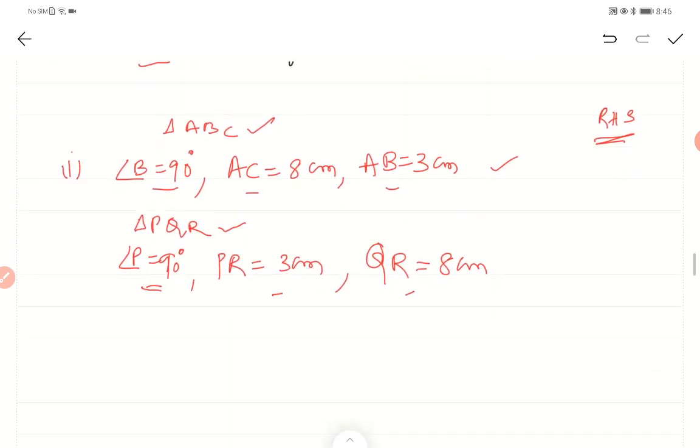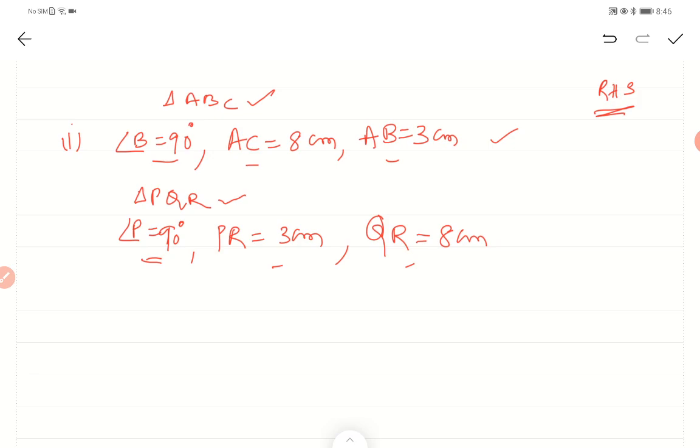So let's first draw the two triangles, triangle ABC and triangle PQR. I have angle B as 90 degrees, so I will take AB as the base, because angle B is 90 degrees. I will draw my base as 3 centimeter.